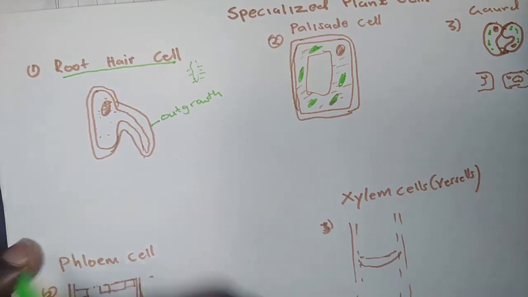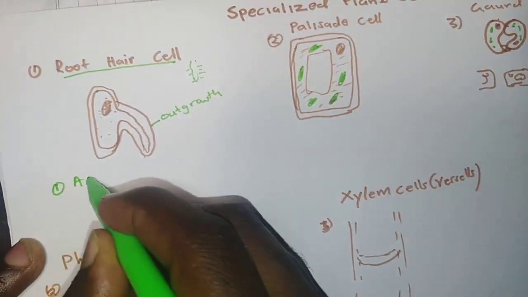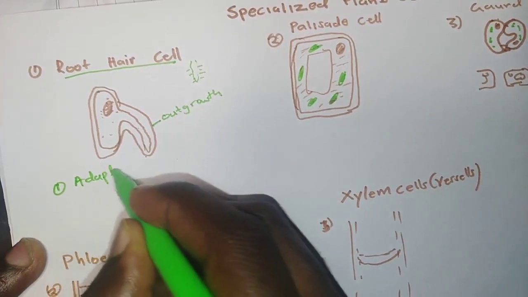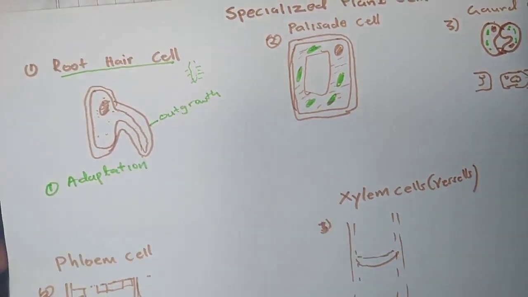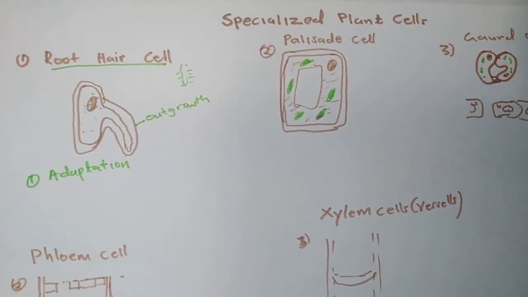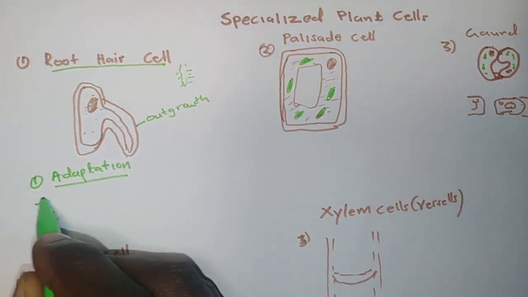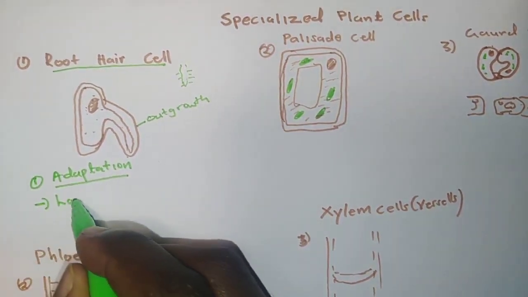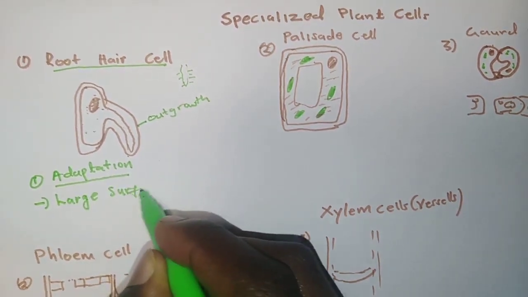This outgrowth allows this cell to have a certain type of adaptation. This adaptation is that it allows it to have a large surface area.